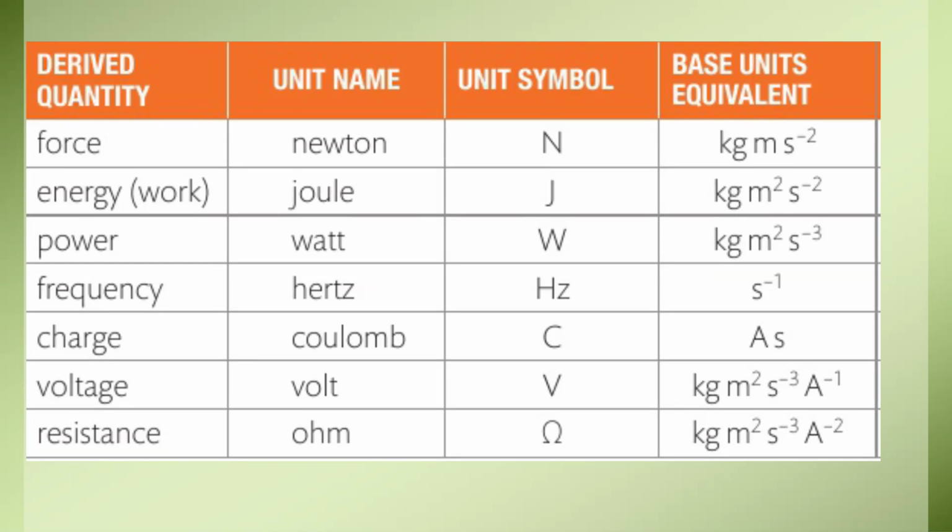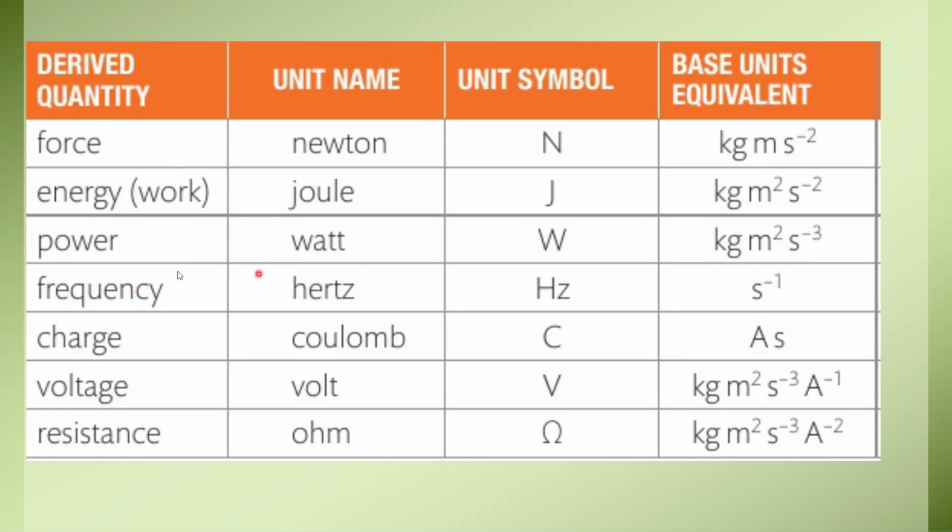As you can see, the unit of the force, Newton, is a derived unit, but it is equivalent to the base unit kilogram meter second raised to power minus 2. Same way for work or energy, the unit is joules, a derived unit, but the base unit is kilogram meter square second raised to power minus 2. Electrical power or any power, which is watt, has the base unit kilogram meter square second raised to power minus 3, and so on.